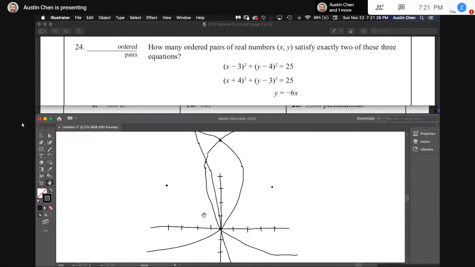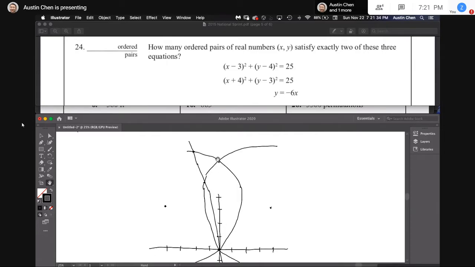You don't want it outside of it. If you had it outside of it, then you would get the wrong answer. But as long as you had it inside and not crossing with this point, then your graph should have been pretty safe to get the answer. So really not that bad of a graph.